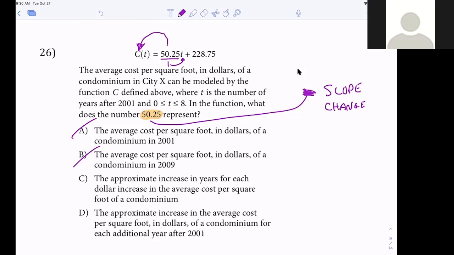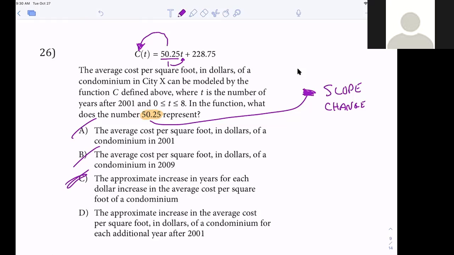All right, I can't help you if you're not listening to me and you're not wanting to ask me a question. Does everybody understand why most people put down C, because it says 50.25 T, and T stands for time, so they assume that 50.25 goes to what letter? Does it go to T? No, it does not.